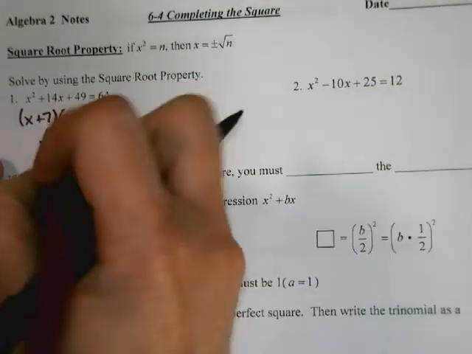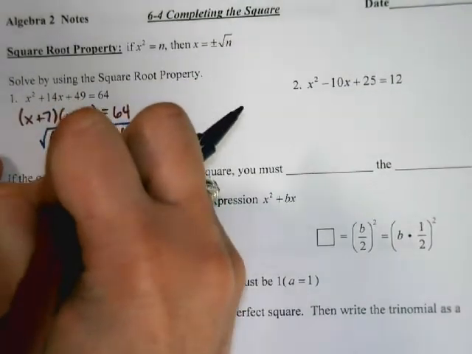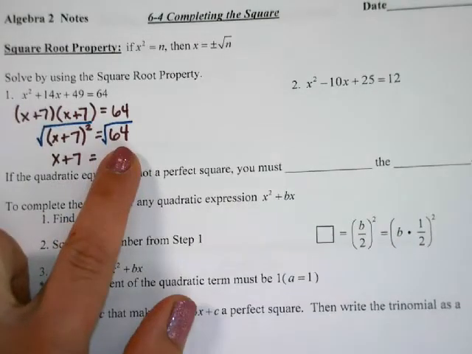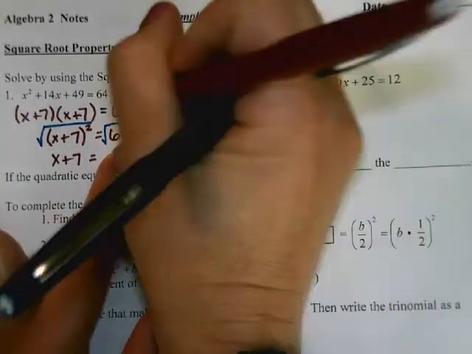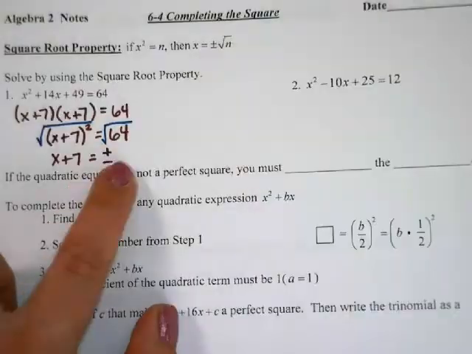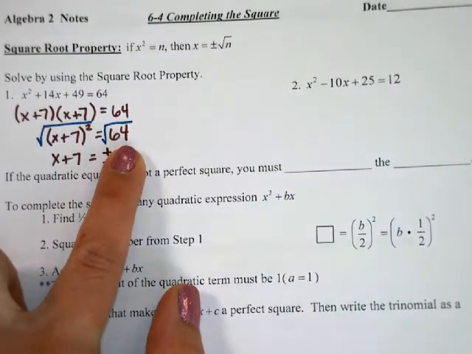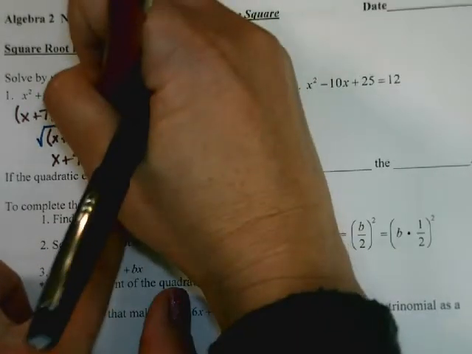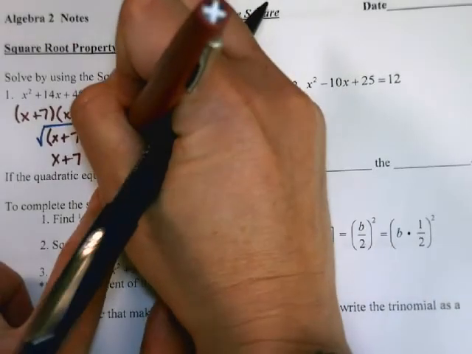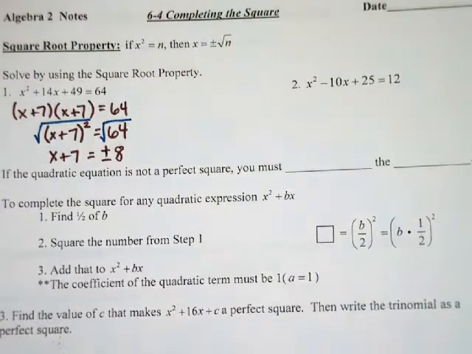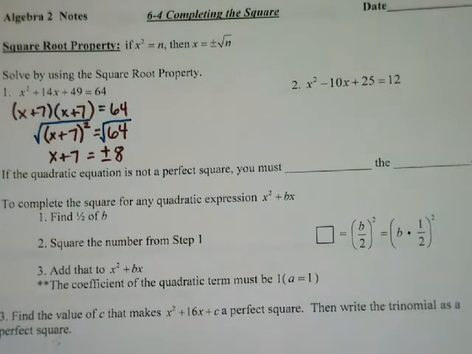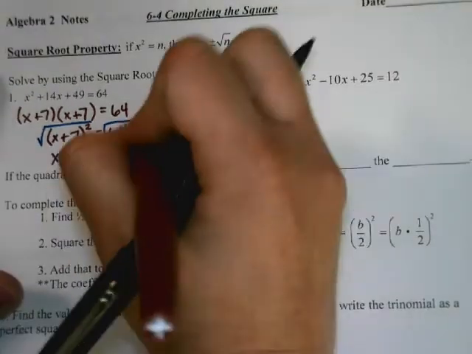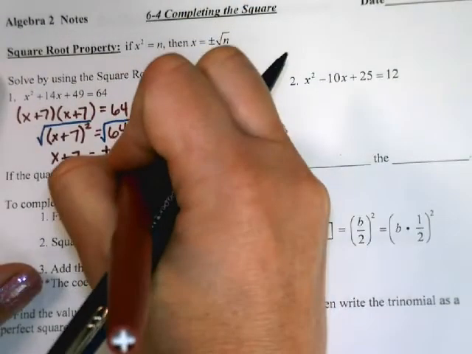So I get x plus 7 equals, I took the square root, so automatically I get a plus or a minus. And what's the square root of 64? 8. Okay, that's not too bad, right? Well, let's separate this apart.